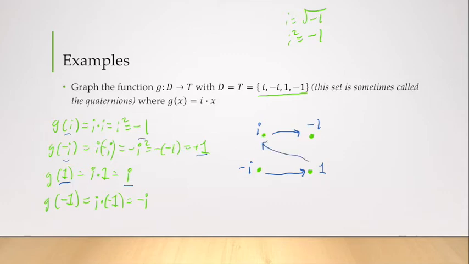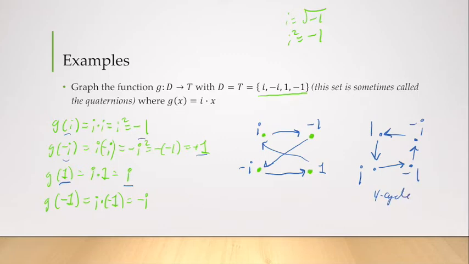And -1 goes to -i. This isn't a really pretty graph. Let me redraw it. I go to -1, -1 goes to -i, -i goes to +1, and +1 goes to i. So this is a better way for us to see that this graph is a 4-cycle, okay?